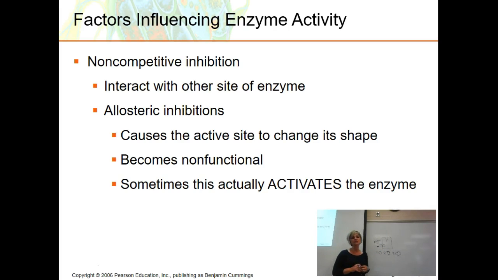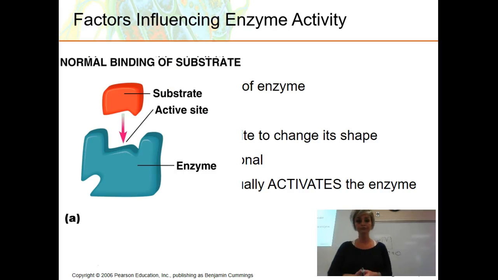So even though it's called an inhibitor, it's hard for some people to wrap their head around the fact that we can actually turn an enzyme active. So let's look up here. Here's the original. There's our substrate. There's our active site. That can bind and can kick out a product. So is that active or inactive enzyme? Active, because I can kick out a product.